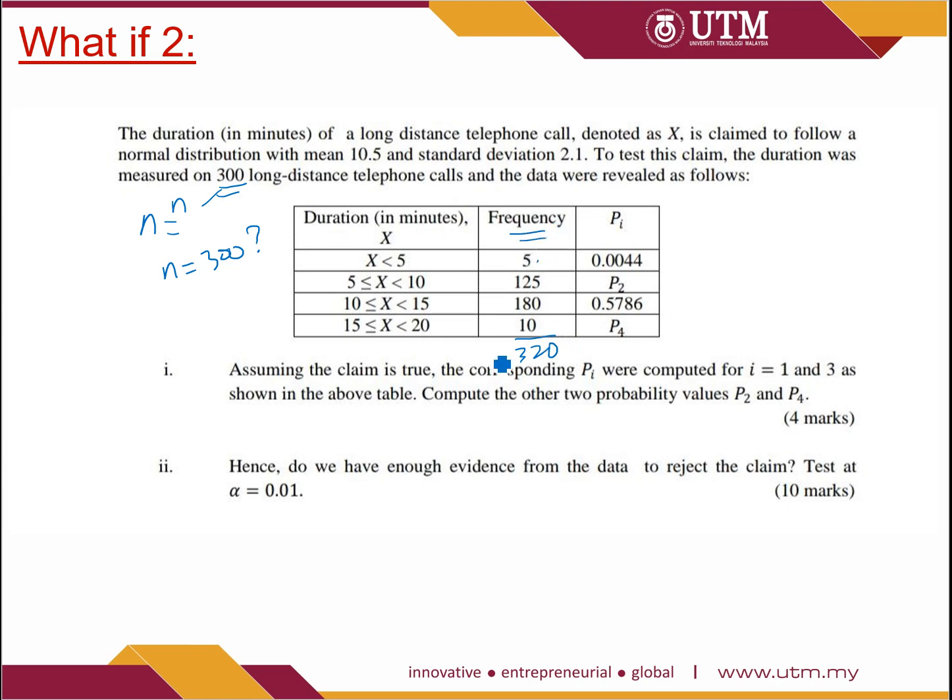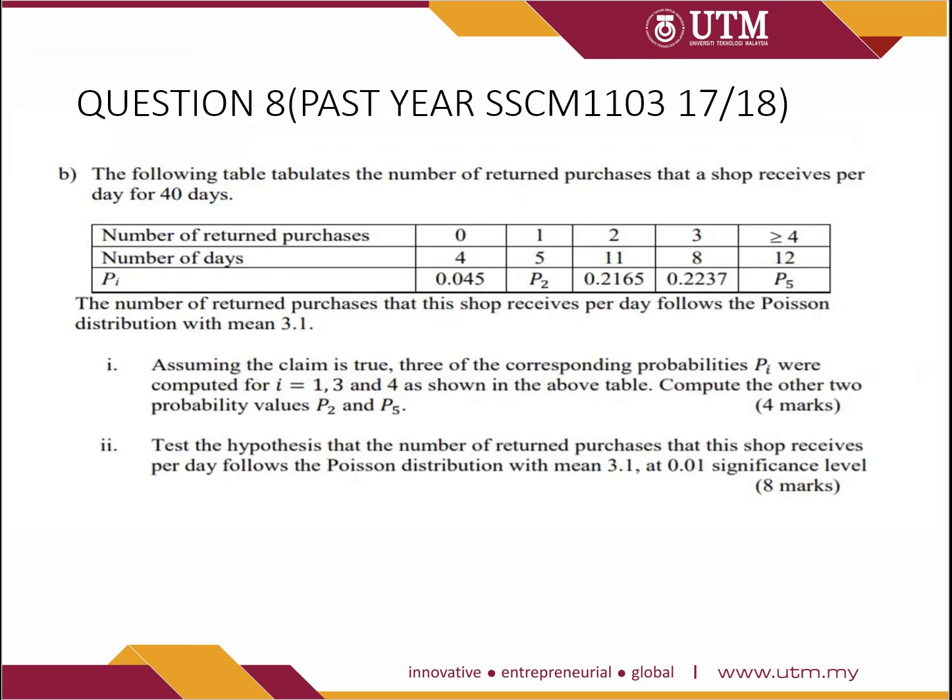So this is the right one. This is wrong. You need to calculate the value of your n from the observed frequency in the table, not from the statement here. So please be careful. Please do this exercise. I will give you the answer later.